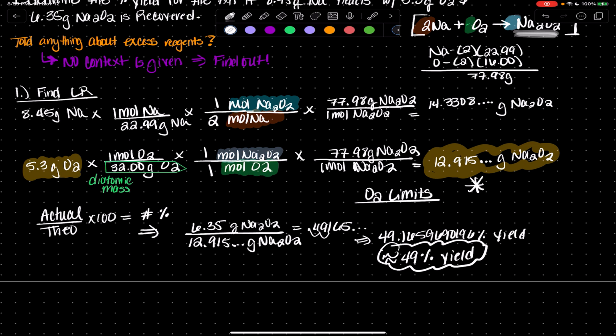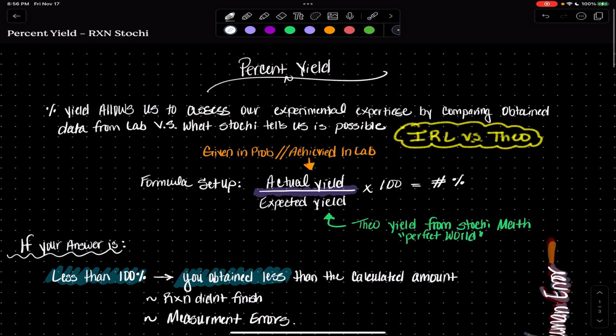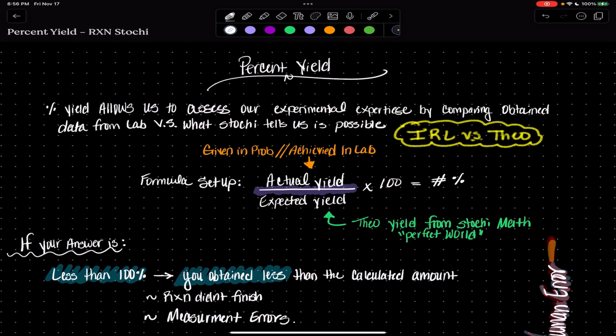But that is everything I have for percent yield. It's a pretty straightforward process that always follows this same setup of actual over theoretical times 100 to give you some number of a percent. Now, just pay attention to the details you're given in the equation or in the problem. That way you don't have to do double the work and you can make sure to answer the question.